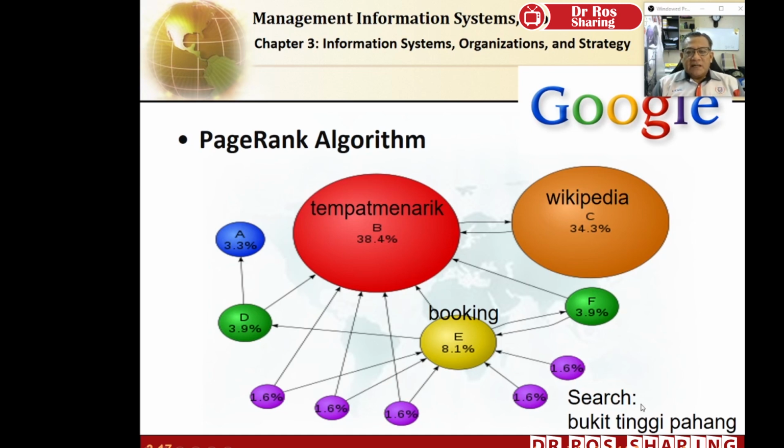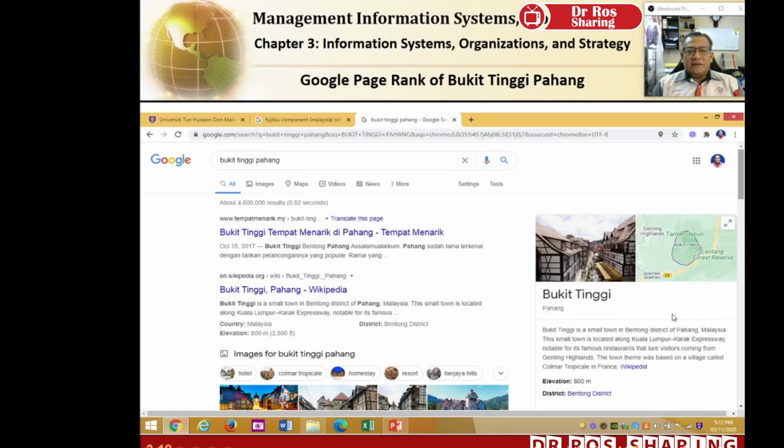When you search, you could find the most available websites that contain the information on Bukit Tinggi, which other users have also searched, ranked high. This is the first rank. The second is Wikipedia, the second most hit, where other users have searched and found information about Bukit Tinggi Pahang, and so on.